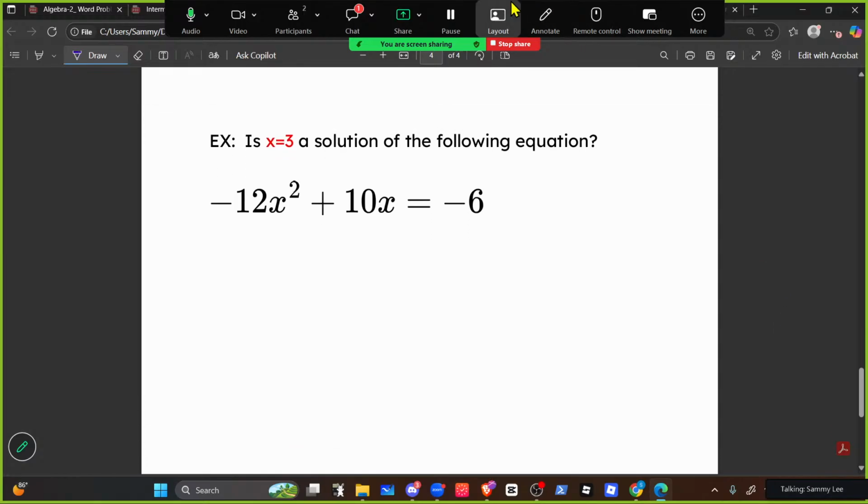And for the final example, we have this thing. It says, is x equals 3 a solution of the following equation?